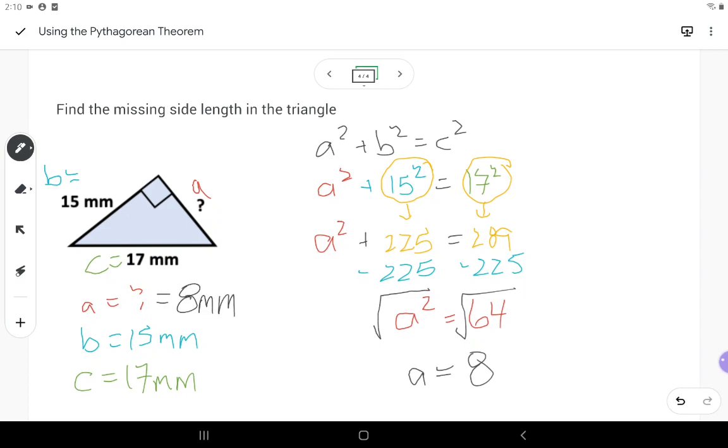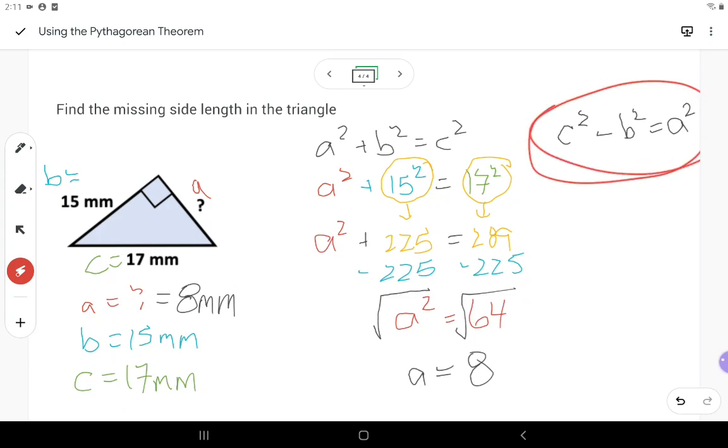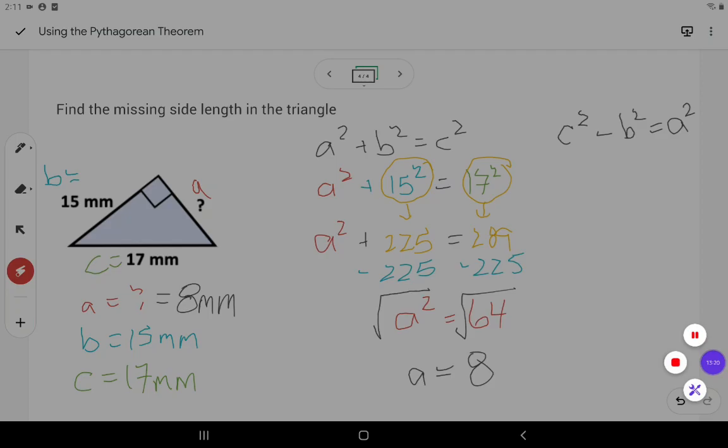Now what you might see is, because I'm looking for a squared, some people will say, take the hypotenuse squared, so the area of the big square, subtract the area of the leg you know, and that will give you a squared. So if you'd like, if you already have the hypotenuse, you could use this as your formula for starting off.